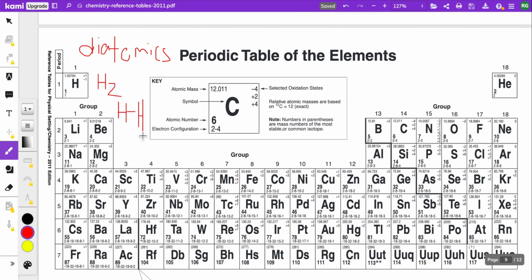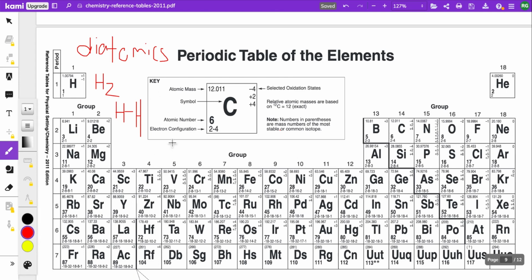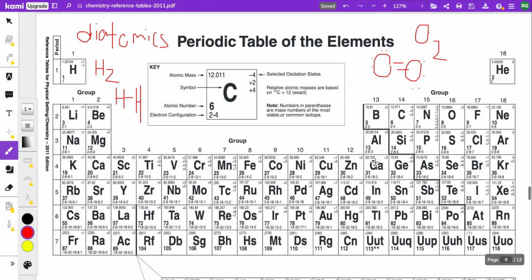All right, so that's a diatomic. So it's just an atom bonded to the same atom. For example, oxygen as well. Oxygen in its natural state exists as oxygen gas, and it looks something like this, right? And you have the lone pairs. So something like this, right? This is oxygen. So you can see how diatomics, they're just two of the same atoms bonded together.